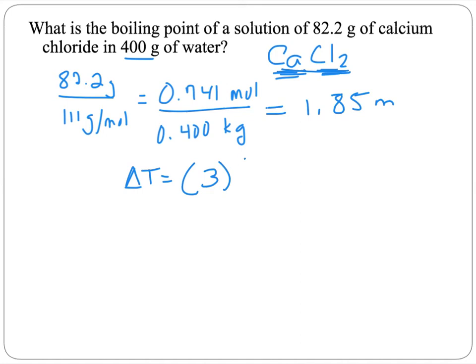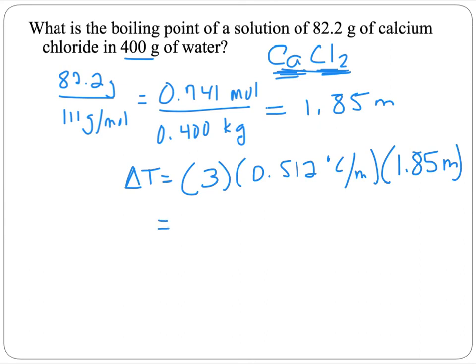Then we need our boiling point constant, which for water again is 0.512 degrees Celsius per molal. And then our molality of solution, which we just figured out to be 1.85. So you go ahead and do all of the calculations, and you'll find that this equals 2.84 degrees Celsius. So that's the change in temperature.